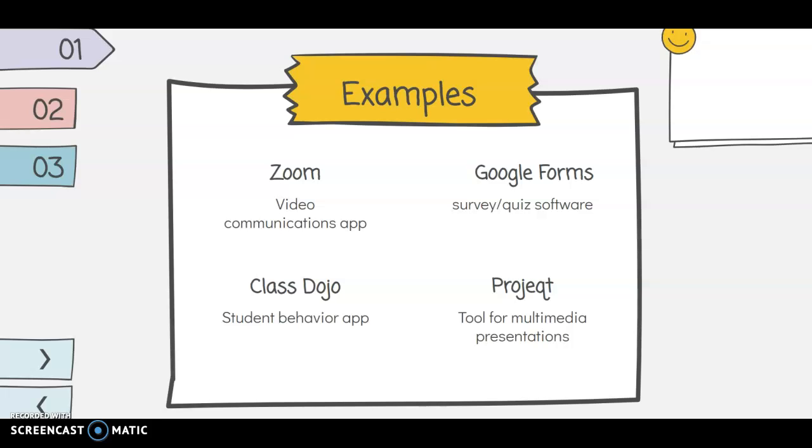Class Dojo is something I've actually seen used in an elementary classroom, and it's a student behavior app, and students have their own little avatars, and it's kind of like a token economy system, and your parents, or your guardians, are also able to get involved. And then Project is a tool for multimedia presentations similar to what I'm using right now. I'm using Screencast, but Project is something very similar.